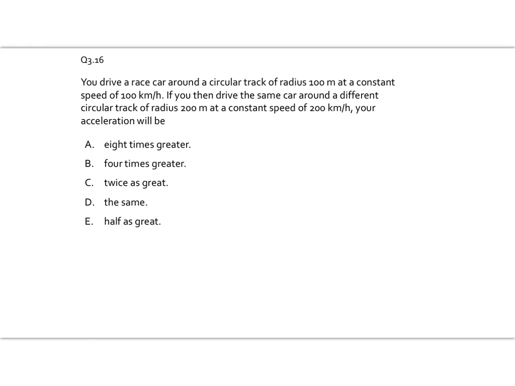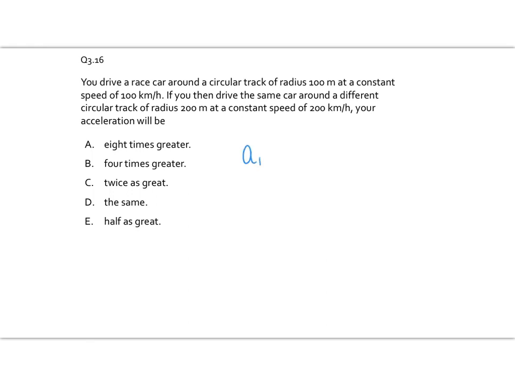Here we have another place where we're going to compare things. If you drive a race car around a circular race track of radius 100 meters at a constant speed of 100 kilometers per hour, then we're going to talk about a different circular track that has a radius of 200 meters and a speed of 200 kilometers per hour.